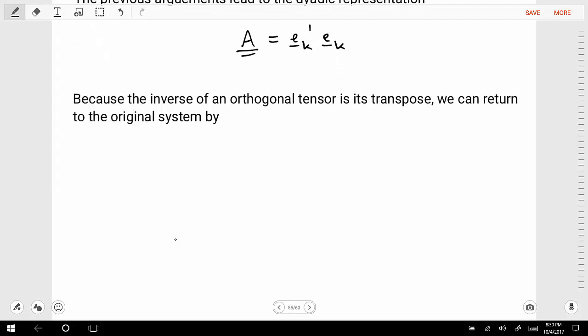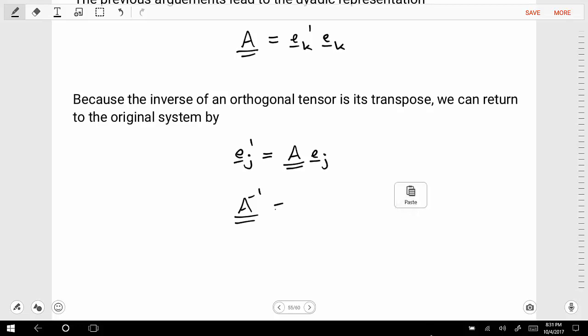We started with finding our new coordinate system, e_j prime, using our transformation tensor and our original base vectors. And we know that with orthogonal tensors, the inverse of the tensor is equal to the transpose of the tensor.